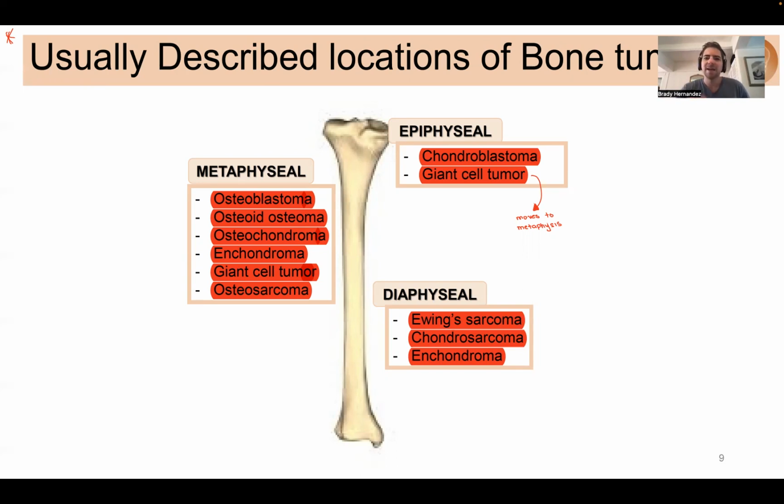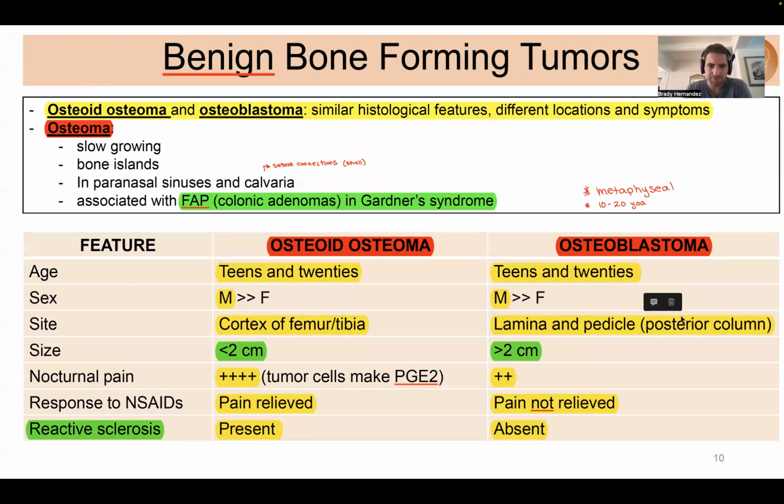I can kind of do that. For this, it's a little bit more difficult, like giant cell tumors do move. But other than that, this is a good clue. If they tell you where it is, you can kind of eliminate some of the other ones. So good bit of memorization there, but it is what it is. But if you think that helps you, then go for it.